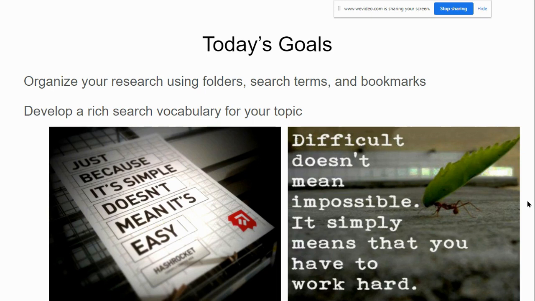Think about brain surgery. That is far more complex, and there are more steps involved in it. So that's kind of how we're going at this research. We're going to start with a very simple approach, and then we'll get more complex with it as you do your research. So it's a simple process, but you have to dig deeper into the process as you go along.